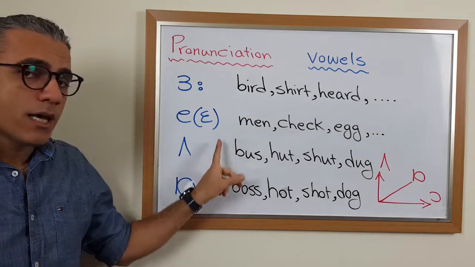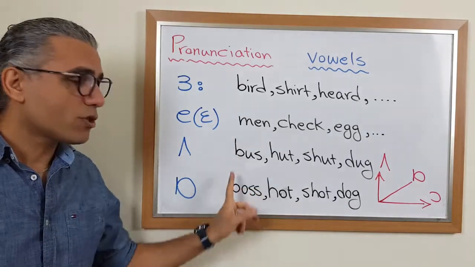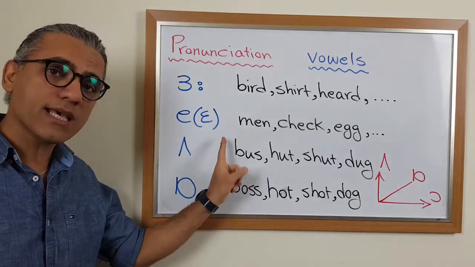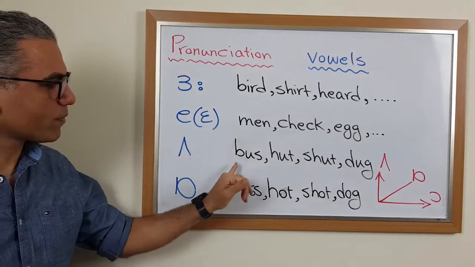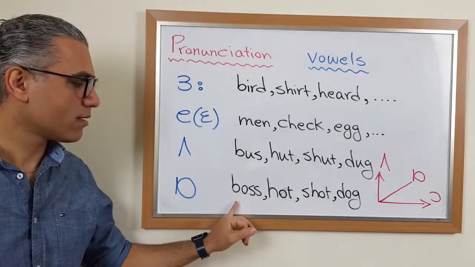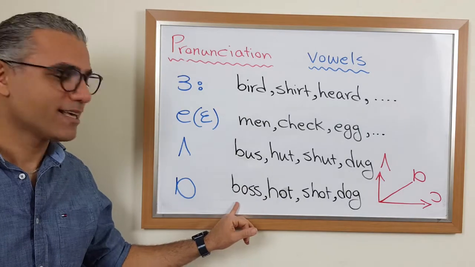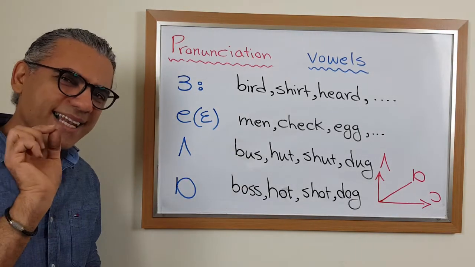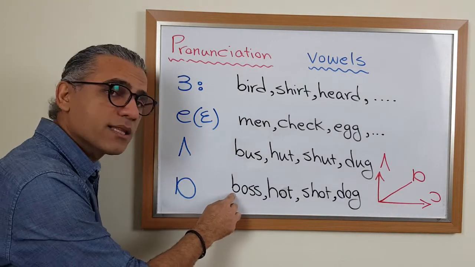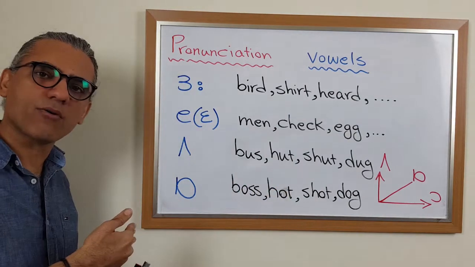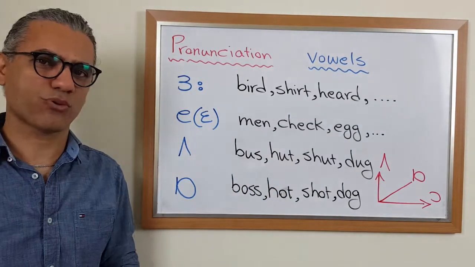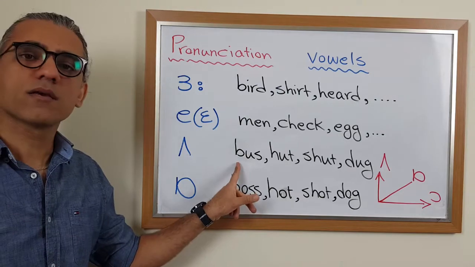Look at the distinction between the pronunciation of these two groups. This is bus, this is boss. And remember, if you put a little bit of pressure on the consonant before the vowel, it makes it easier to pronounce. Like, this is bus.